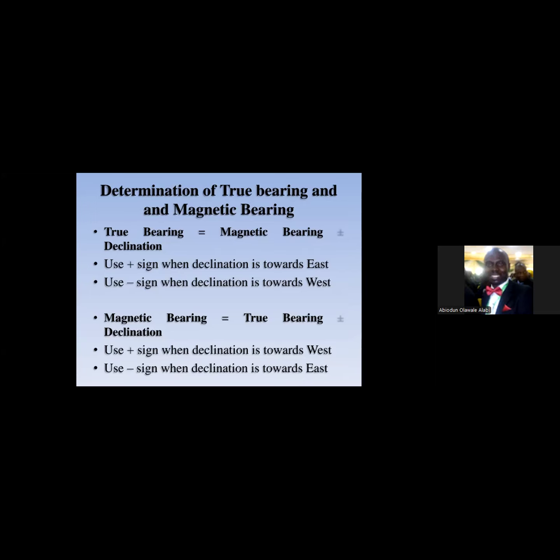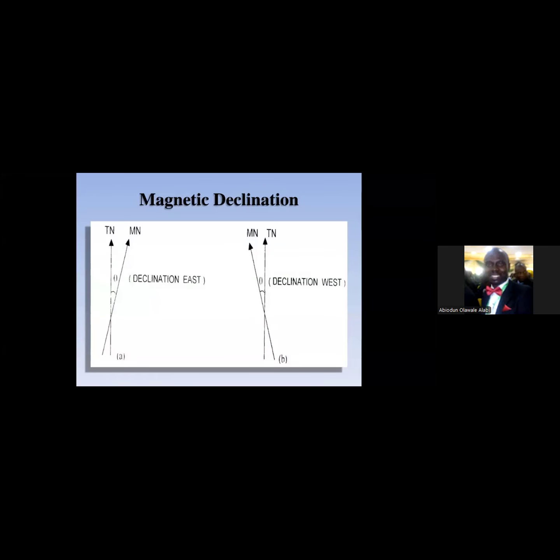So the sign of the declination depends on where the north end of the magnetic needle is pointing. Is it the east or is it the west?